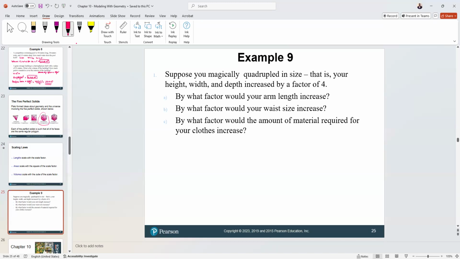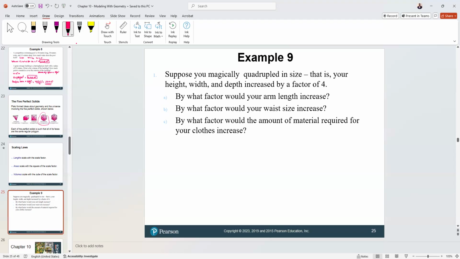Suppose you magically quadruple in size. That is, your height, width, and depth increase by a factor of 4. By which factor would your arm length increase? Your arm length increases by a factor of 4, because we said you quadruple in size.